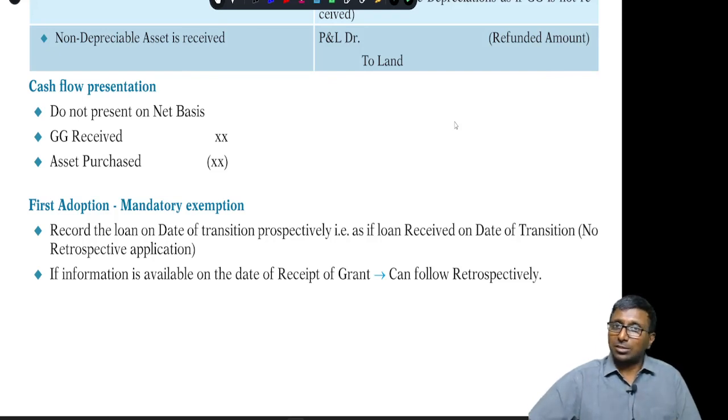Or if it is related to a government loan, generally we should assume the date of transition is, say, 1/4/2020, 31st March 2020. Whatever the number is, the same number should be taken for the date of transition, and assume that today only the loan has been received from the government and the loan is for the remaining period. Now you are supposed to account for it normally.